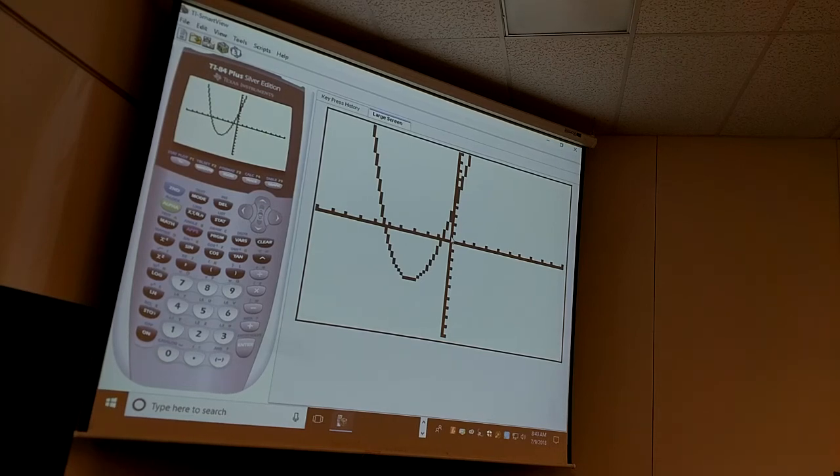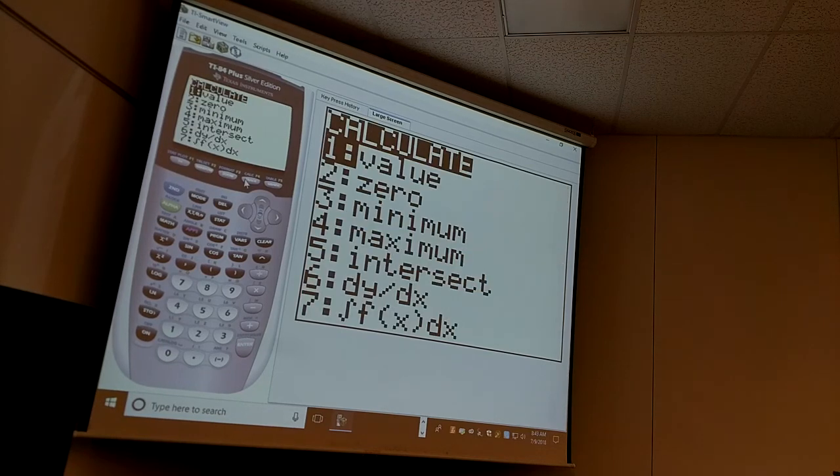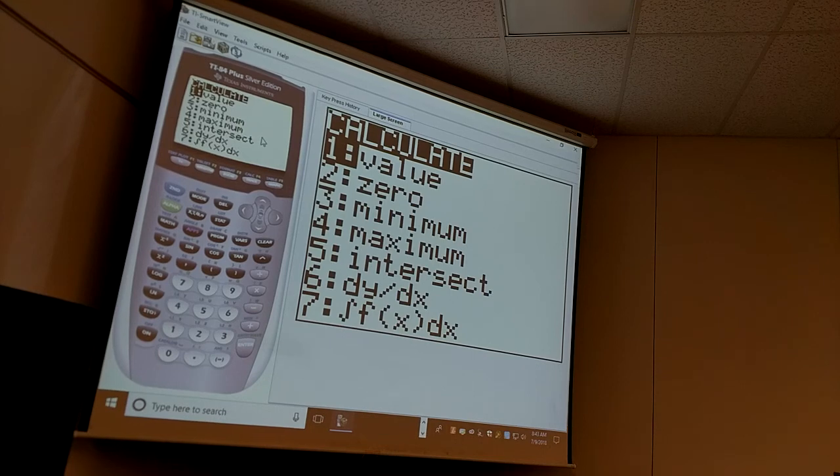If I go to second trace, I can see which one I want. What do I want in this case? Not intersect. Not value. Zero. This is where the function is 0. Intersect is if I have two functions. How many y's did we just put into the calculator? One.